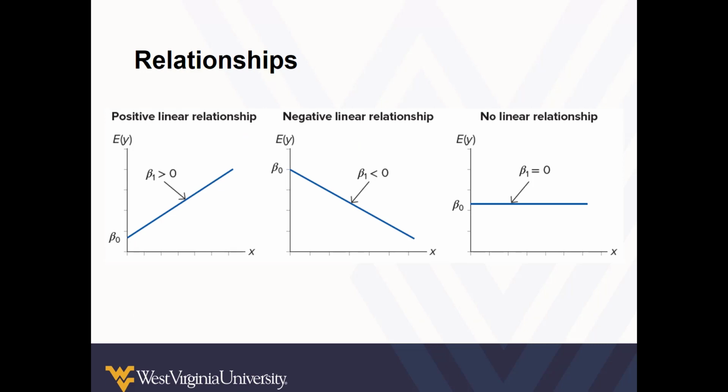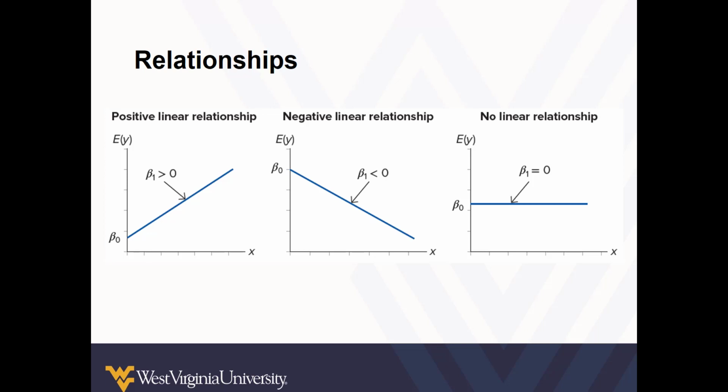So linear relationships can be positive, negative, or non-existent. We take all comers. In a positive relationship, as x increases, y also increases.